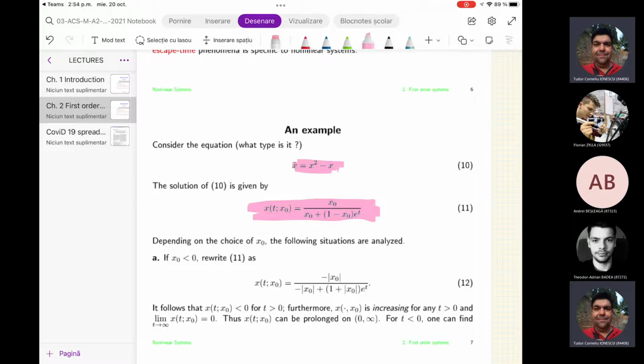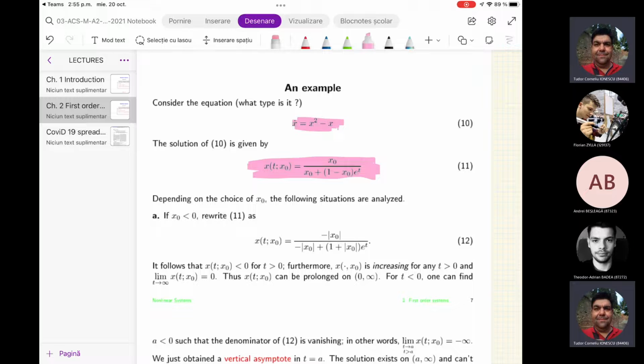Now of course we don't stop here. The shape of the solution, the trajectory of the solution, depends on the initial condition. The initial condition is crucial when analyzing nonlinear systems. If the initial condition is negative, we can rewrite 11 in this form, where we replace x naught with minus absolute value of x naught, because x naught is negative.